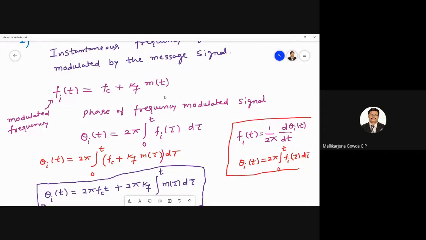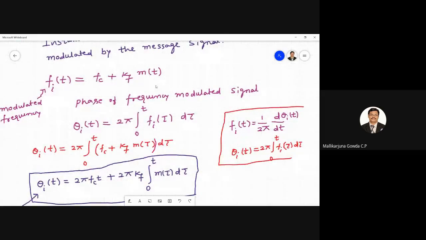Then I found the phase of the frequency modulated signal. I know the instantaneous frequency is 1 by 2 pi d by dt of theta i of t. So from this I can find theta i of t, which is 2 pi integral 0 to t fi of tau d tau.